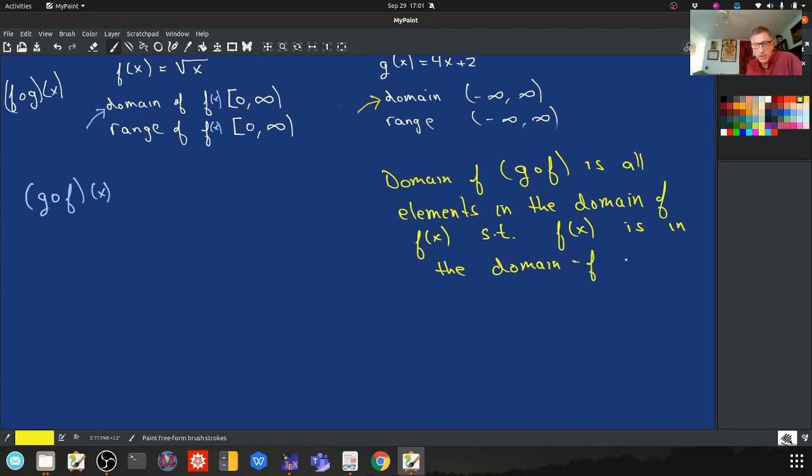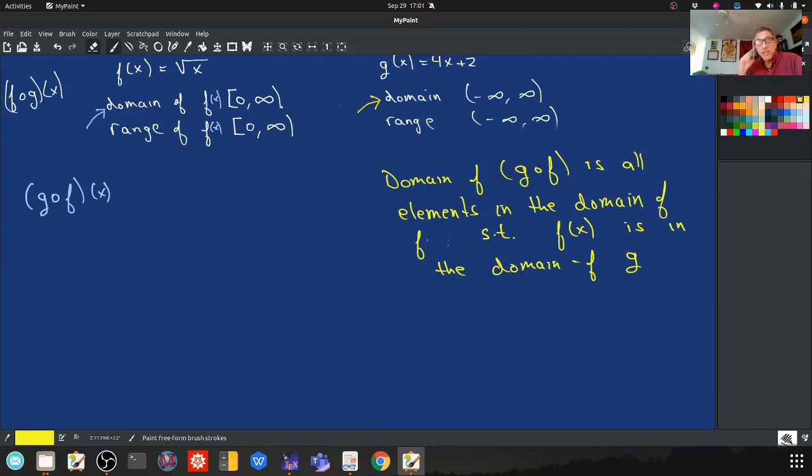of g. So that's the reason I kind of like writing just f for the function name and using the symbol f of x to mean an element in the range. So the domain of f is 0 to infinity.